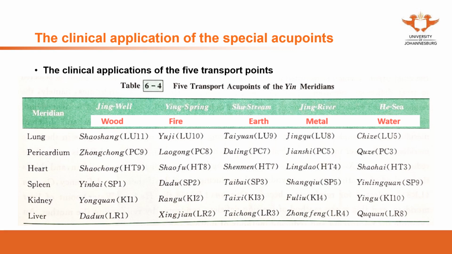The Jing well point is in the category of wood. This theory was explained in the Nan Jing. The Jing well point of the yin meridian is wood.